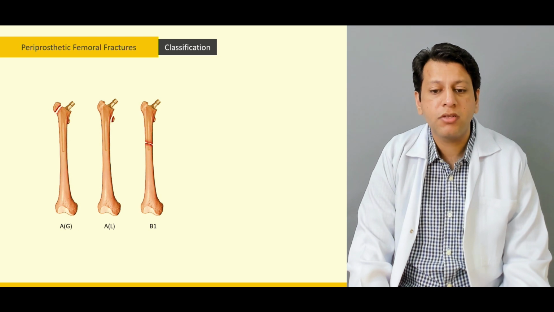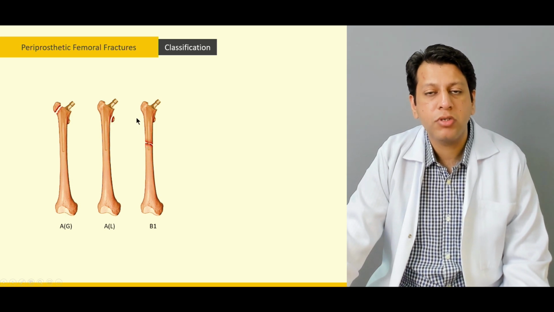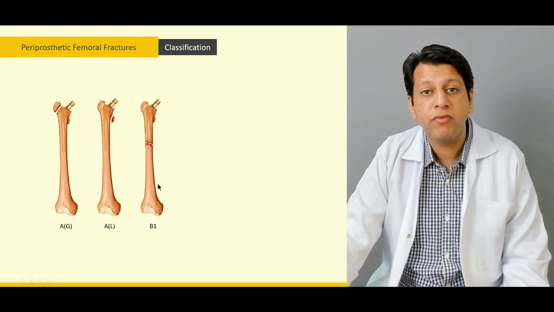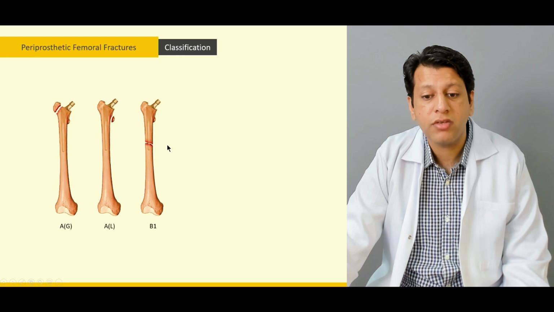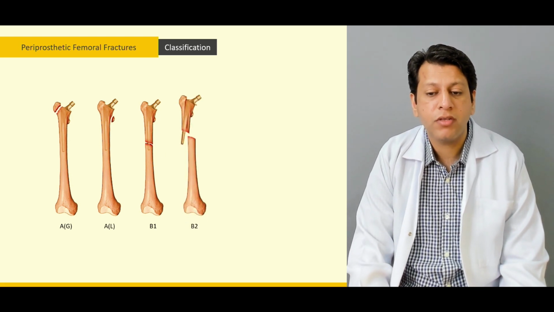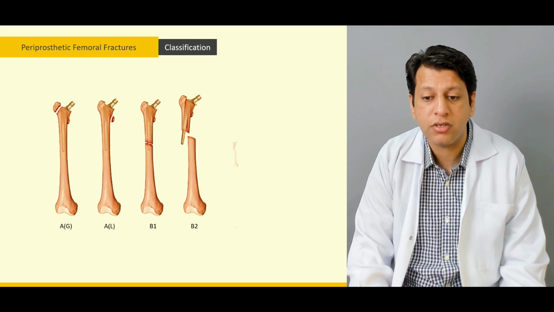This could be a fracture in which the lower tip of the implant may be involved. In this situation you need to make sure that the implant is stable. If the implant is unstable, you need to change the implant to a longer stem prosthesis as well as fix the fracture. Or it could be a situation in which the fracture is displaced and the implant clearly looks unstable.